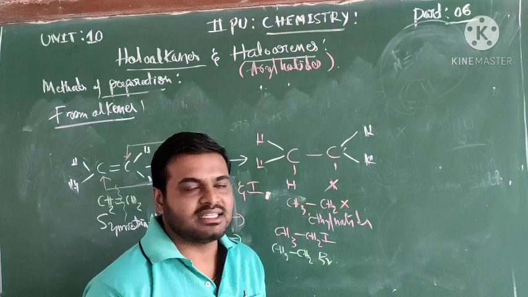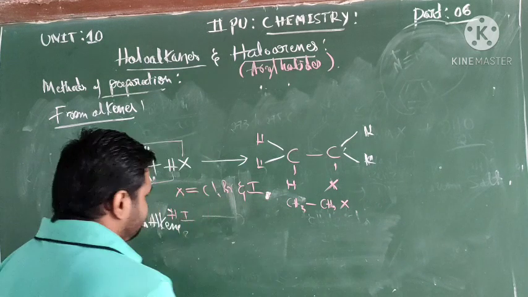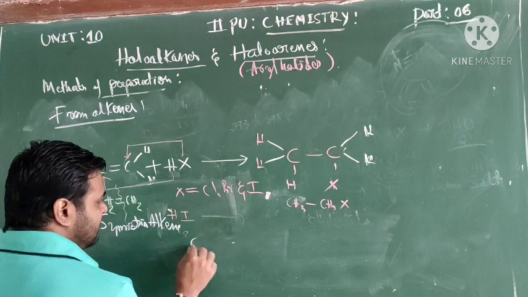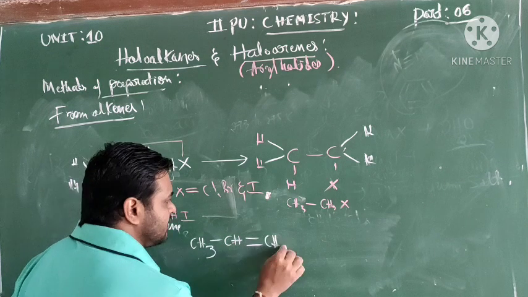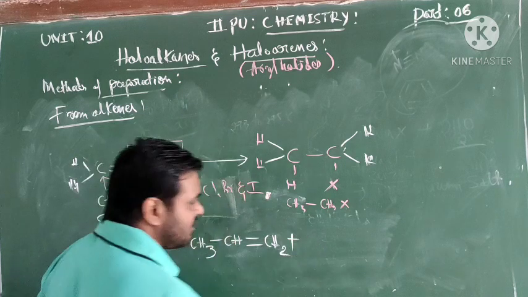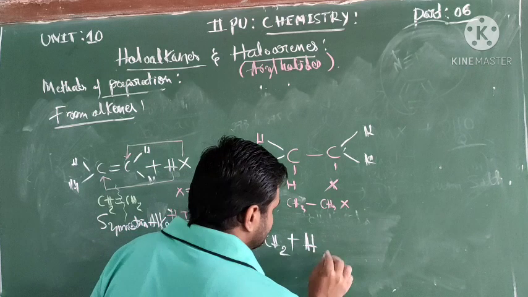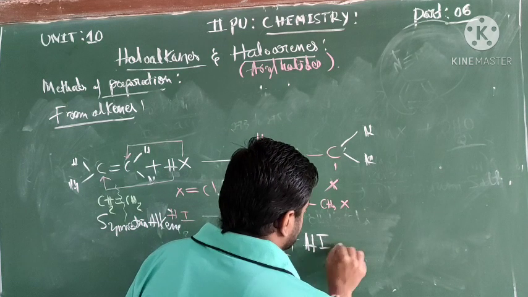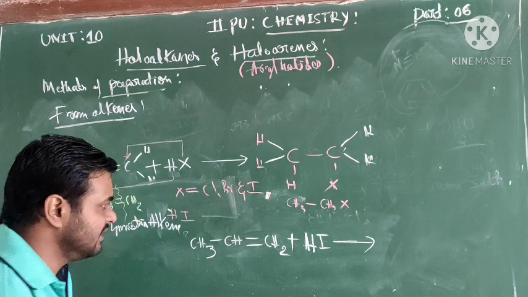What about if we take an asymmetric alkene? So look at one example. Asymmetric alkene, CH double bond CH2. 1, 2, 3, 4, 1, 2, 3, 4, right. So in the presence of, for example, HI, hydrogen iodide, just see here.